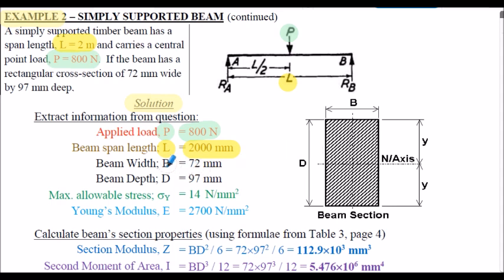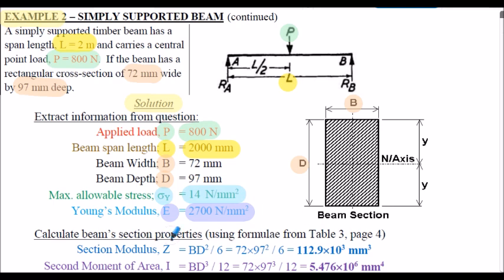And the width denoted as B in my diagram here is 72 millimeters, and the depth D is 97 millimeters. We were also given the maximum allowable stress is 14 newtons per millimeter squared, and the Young's modulus E is 2,700 newtons per millimeter squared. Those values were stated in the question.